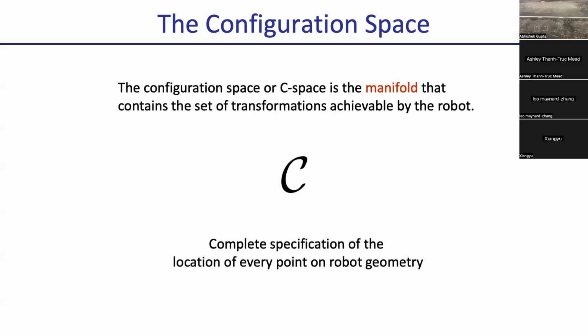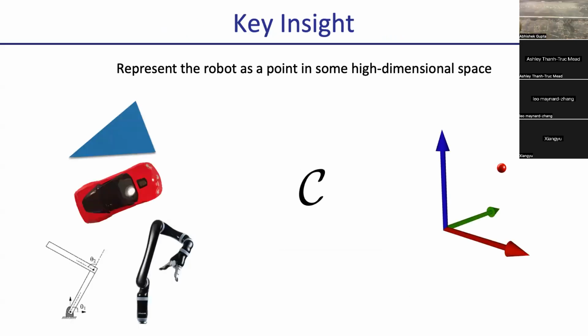So what we've done now is taken all of these robotics systems in the physical world, and said that any state of this system can be mapped to a point in the configuration space. The state of an arm can be represented as a vector, the state of a car can be represented as a vector, the state of the piano can be represented as a vector, in some higher dimensional space.